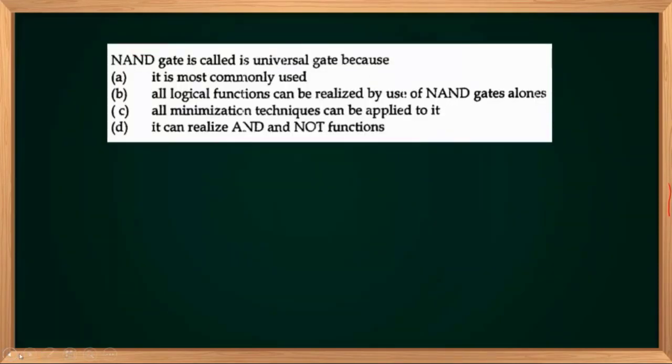NAND gate is called a universal gate because, 4 options: it is most commonly used; all logical functions can be realized by using NAND gates alone; all minimization techniques can be applied to it; it can realize AND, NOT functions.